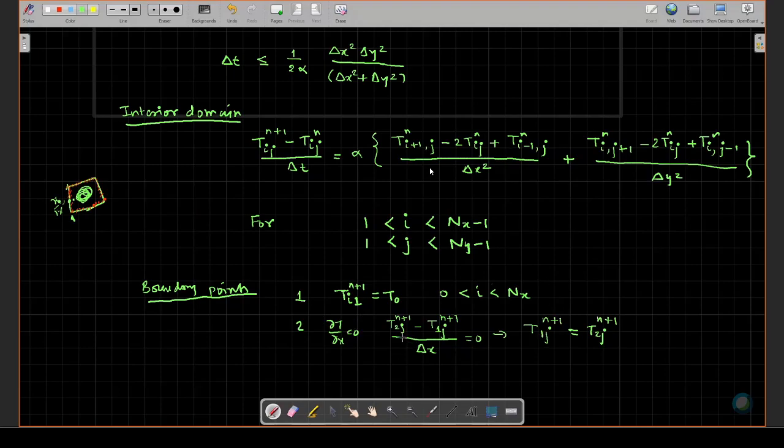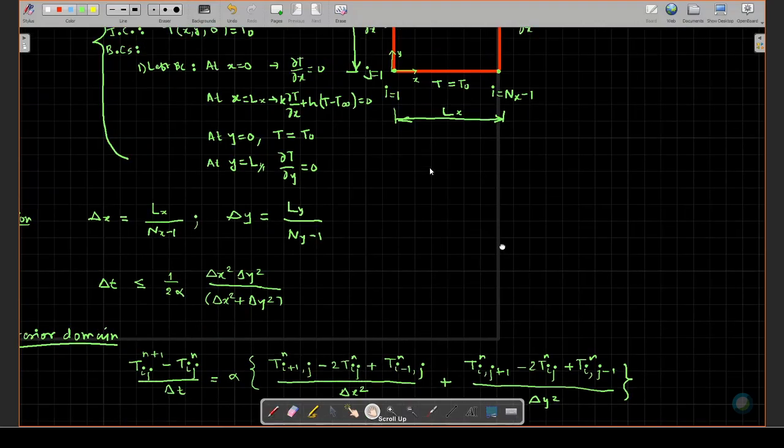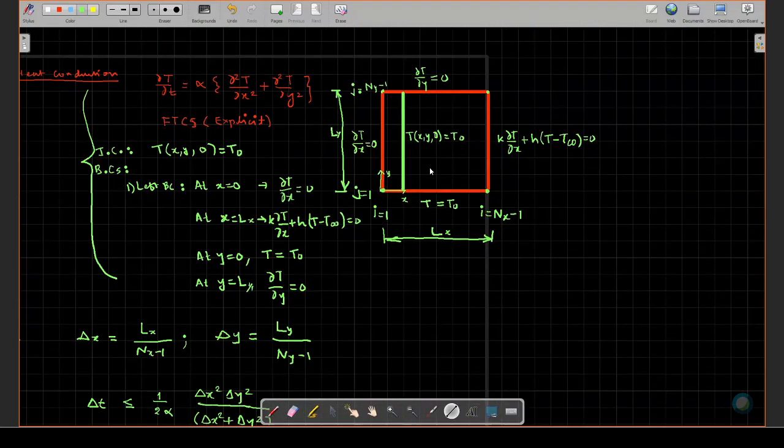Suppose we divide this into grids, and I'm assuming that these are all uniform. In the diagrams they may not look uniform, but assume that delta x is the same everywhere, and delta y is also accordingly the same, though it may not equal delta x.